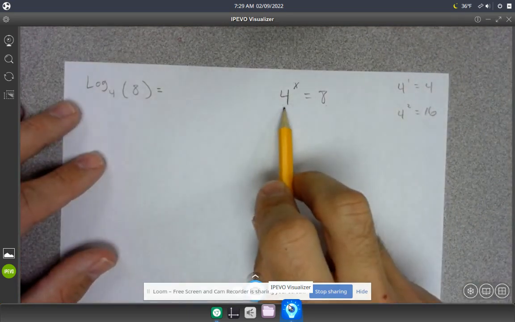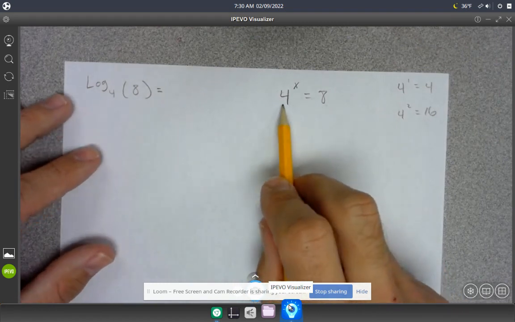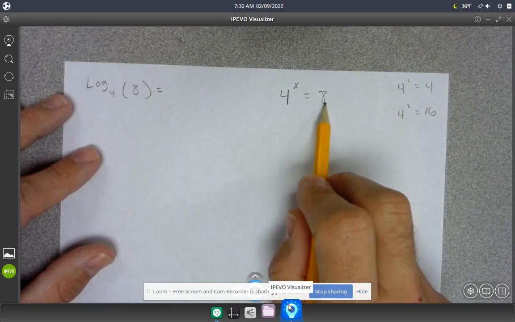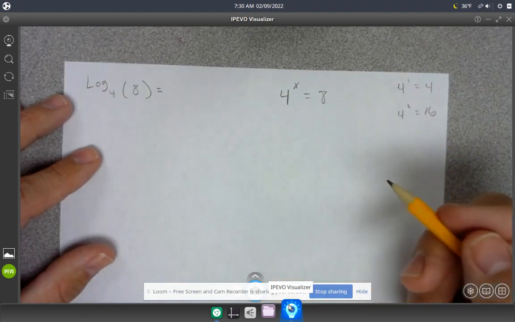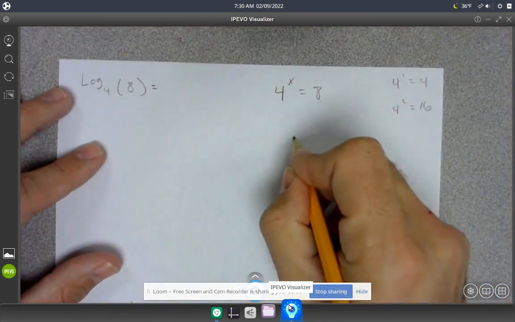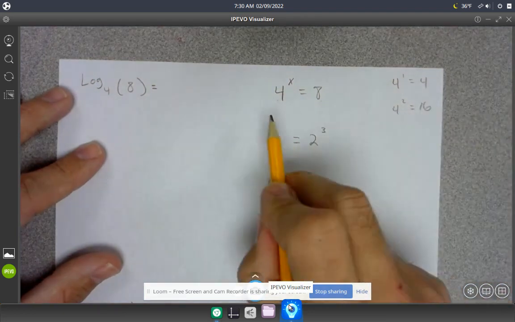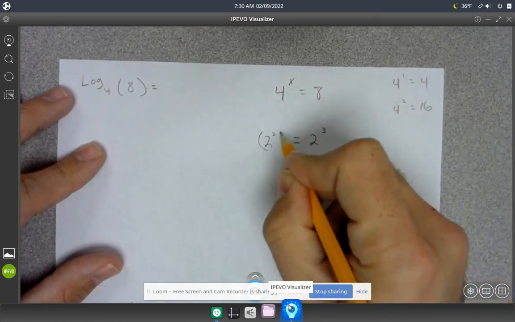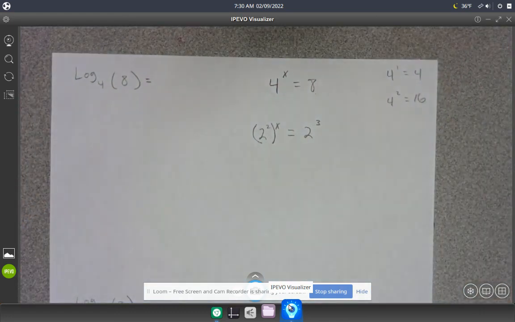But the way that you can solve an exponential equation like this, sometimes, not always, but when there's a relationship between the base here and the right side, like if you can express them both as a power of some number, like here, these are both powers of 2. So I'm going to rewrite the right side as 2 to the third. And then for the 4, I'll rewrite that as 2 to the second. And all of that is raised to the x power.